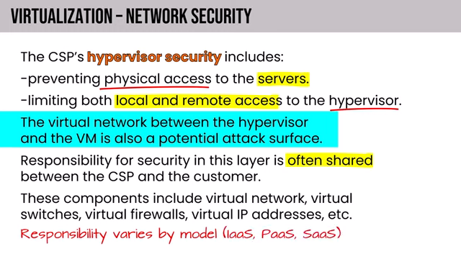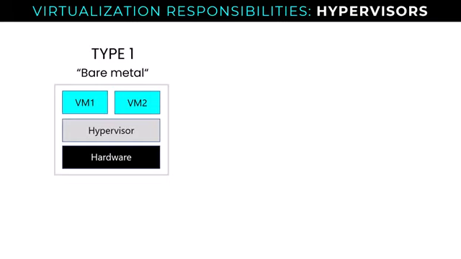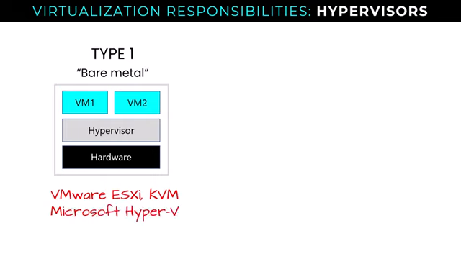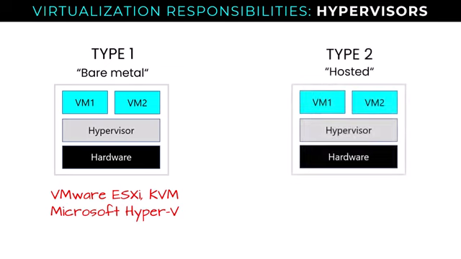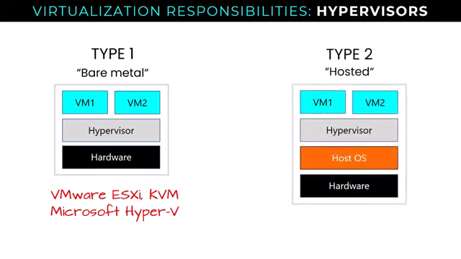And when I say hypervisor in this case, just to make sure we're crystal clear, we talked in Domain 1 about the hypervisor types. We have the Type 1, which is the bare metal hypervisor. That's VMware ESXi, Microsoft Hyper-V, KVM, dedicated host, no operating system in the middle. Whereas a Type 2 hypervisor is hosted on a guest operating system.